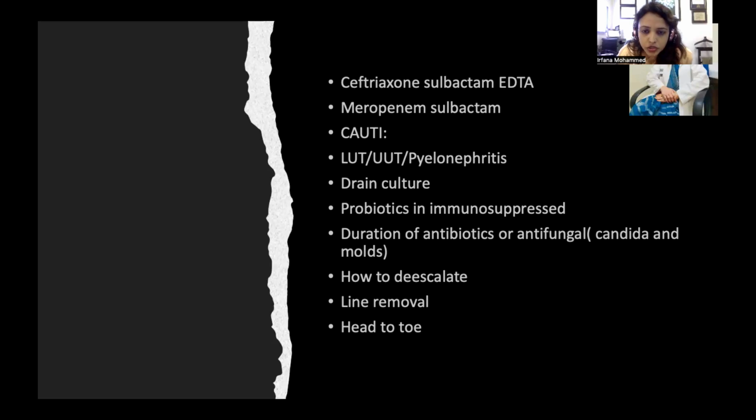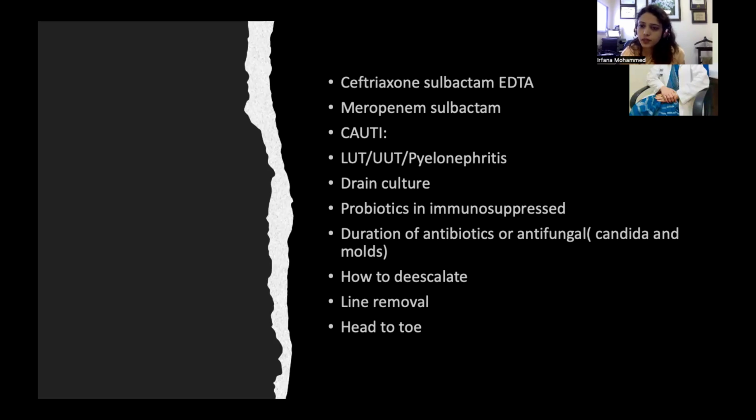The other thing is the duration of antibiotic or antifungal. For antibiotics, the duration depends upon the situation. Is it just a cystitis? Is it pyelonephritis? Is it abscess formation? The duration is different for different situations. For cystitis, only 5 to 7 days of antibiotic is enough.